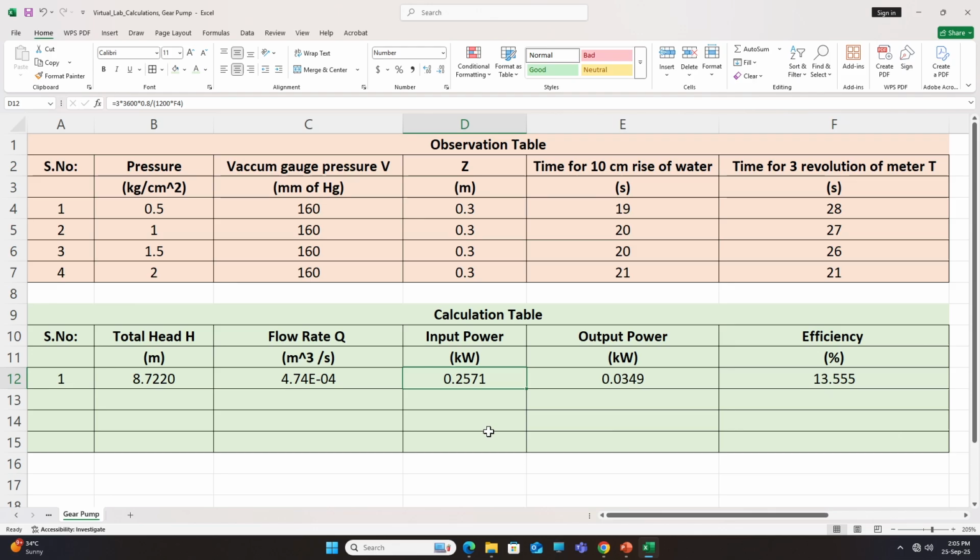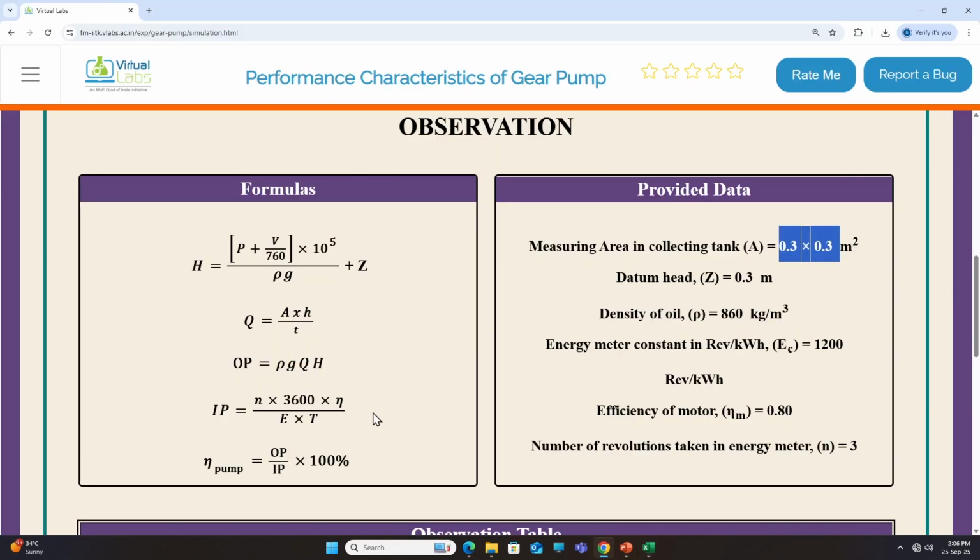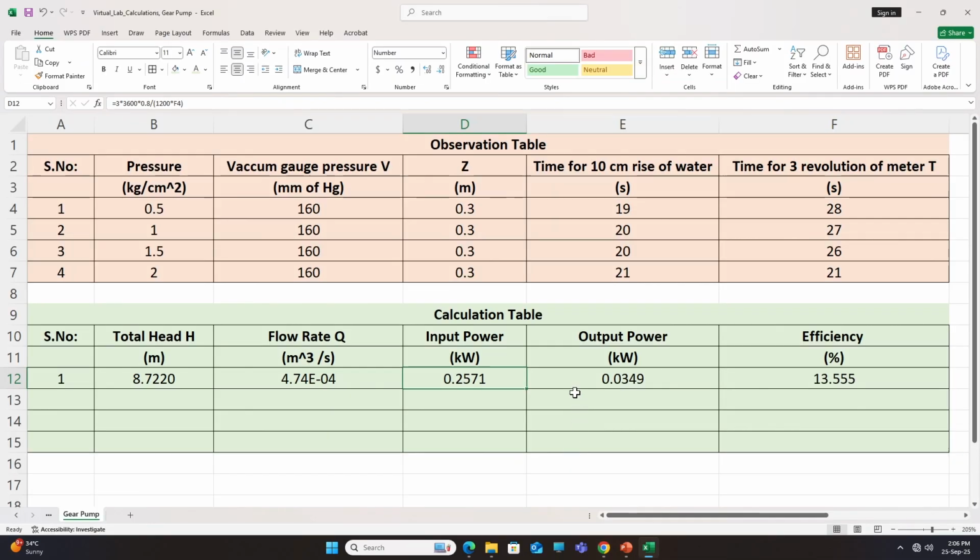Then comes input power. Input power relationship that was given here was N 3600 into eta by E into T. This is also put here. N is 3 revolutions, 3600 into eta is 0.8 by E into the time that is given in cell F4.